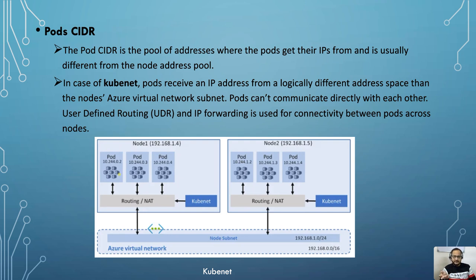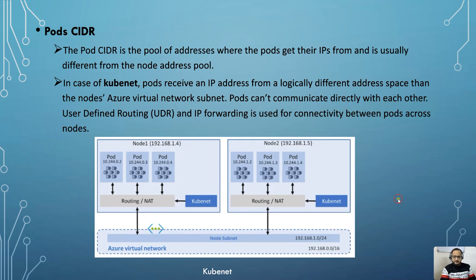They are created by Microsoft itself, but these pods can't communicate with each other. To communicate these pods you have to define routing or network address translation, routing tables and so on. So this is the case in Kubenet.